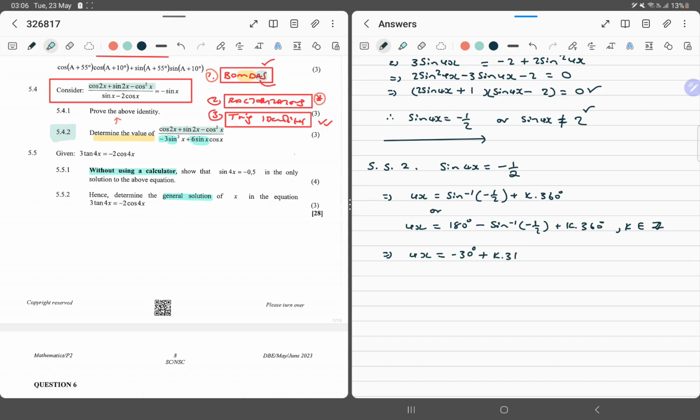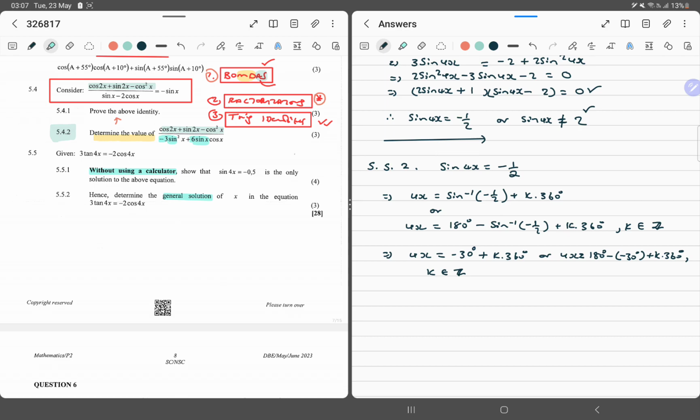Plus k times 360 degrees, or 4x is going to be equal to 180 degrees minus minus 30 degrees, right? Plus k times 360 degrees, where k is an element of integers.